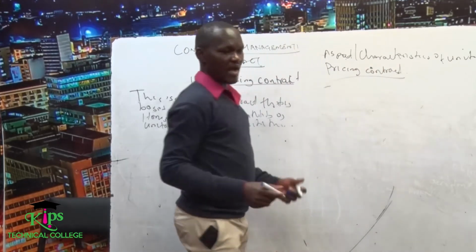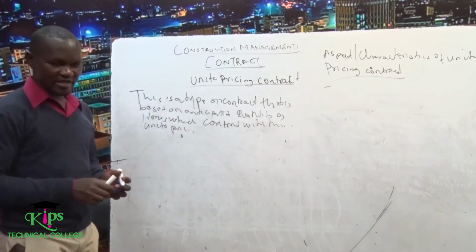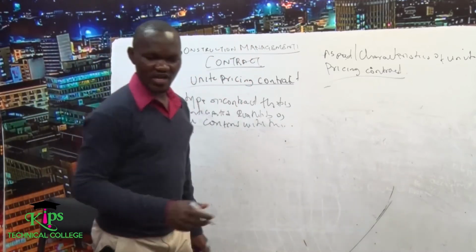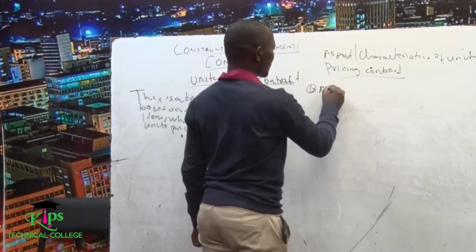Characteristic one: items of work of the contract are specified with estimated quantities.